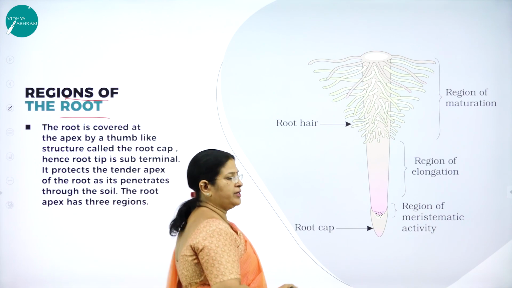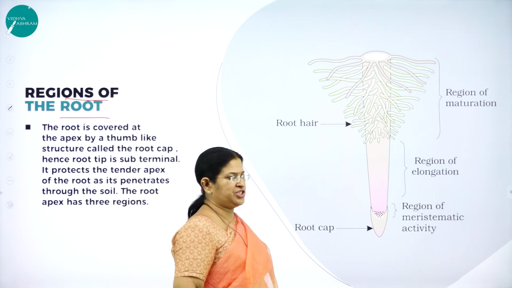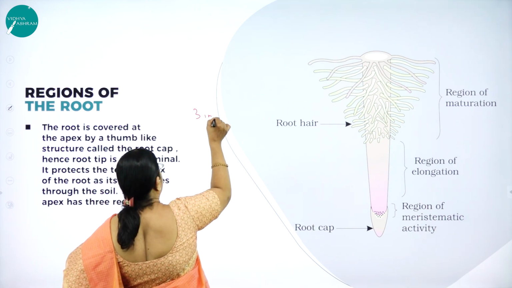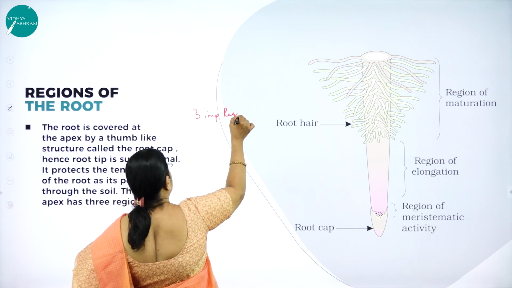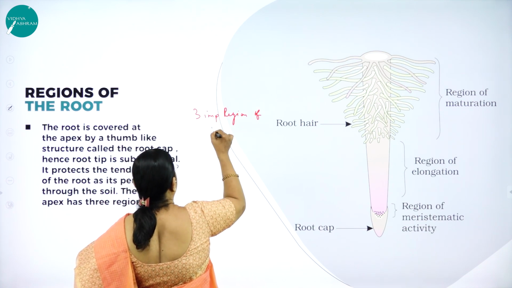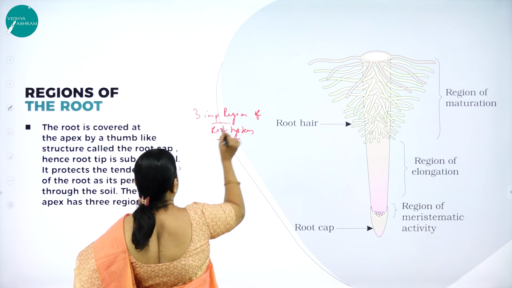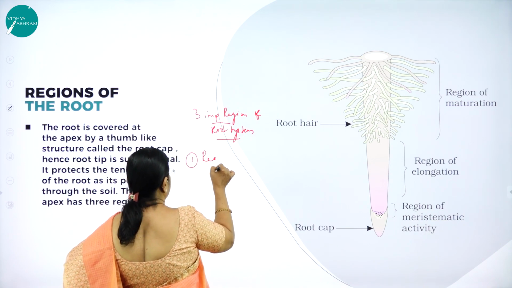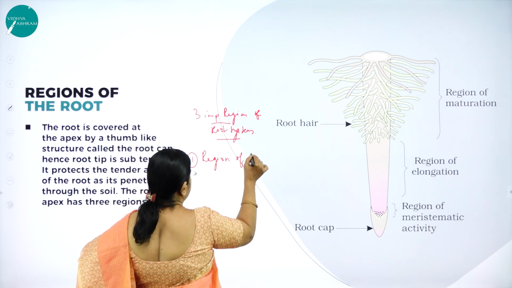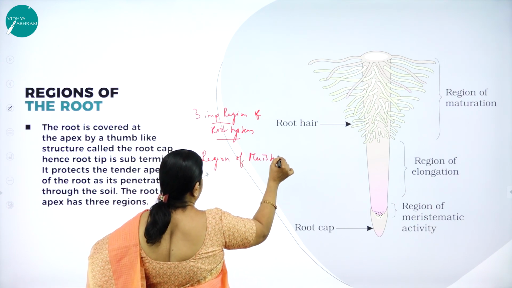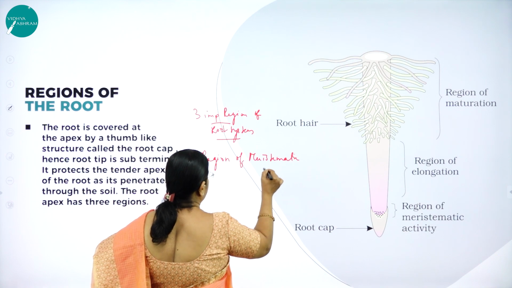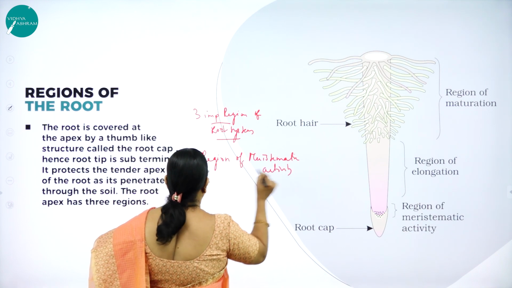Moving across the regions of the root. Very, very important. You can see in this beautiful picture three important regions of the root system. One is the region of meristematic activity.